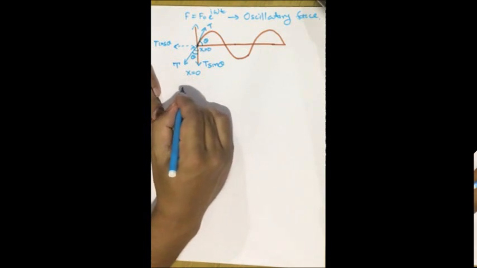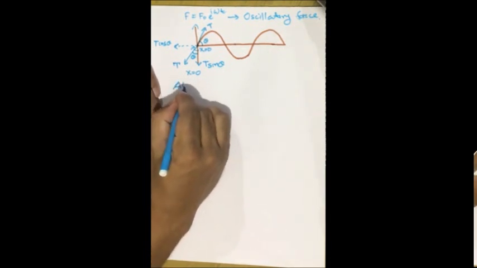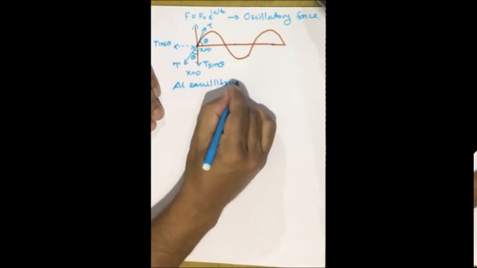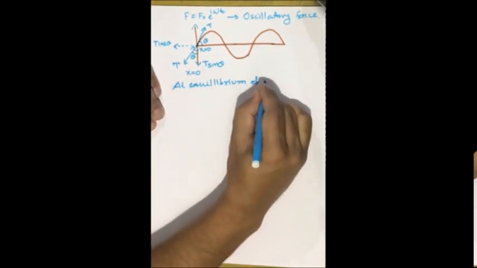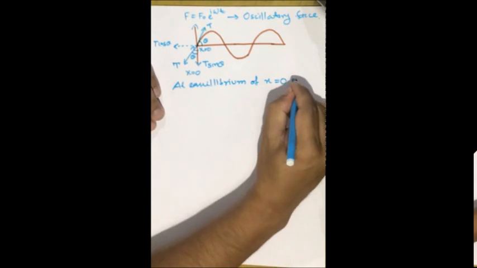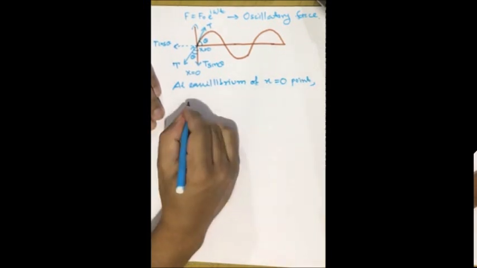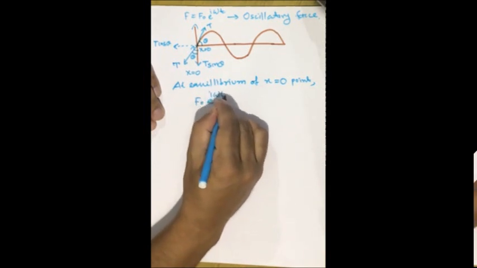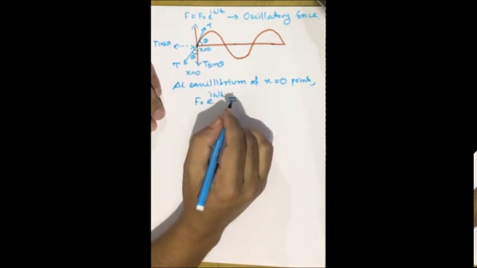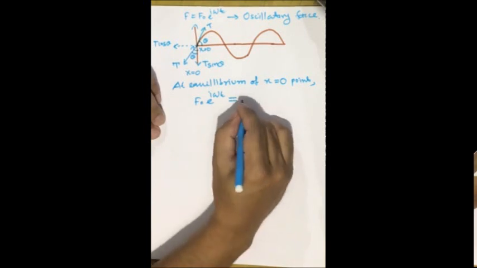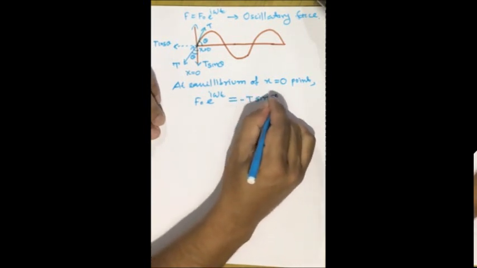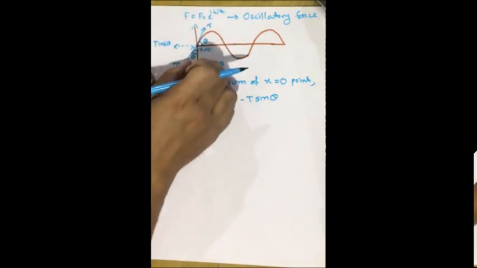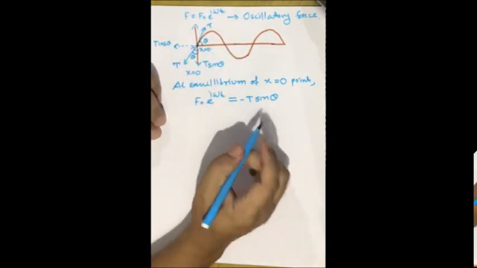So at equilibrium of the x equals 0 point, we can write F equals F naught e to the power i omega t is equal to minus T sin theta, because this force will be balanced by this force.